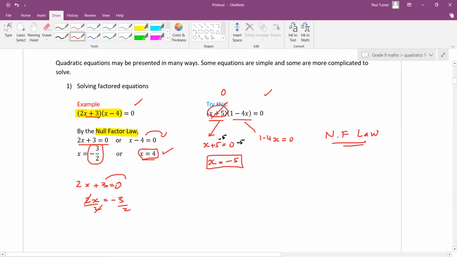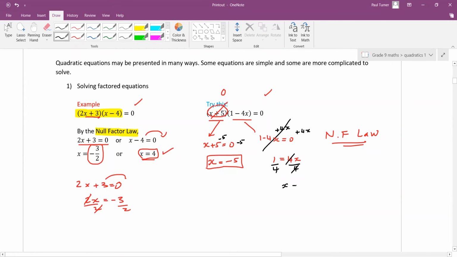In this one, we could add 4x to both sides. You may have done it differently, as long as you get the same answer. So add 4x to both sides, like that. 4x minus 4x is 0, so you're going to get 1 equals 4x. You have a 4 here, which you don't want, so we divide by 4 both sides, and then this will cancel.